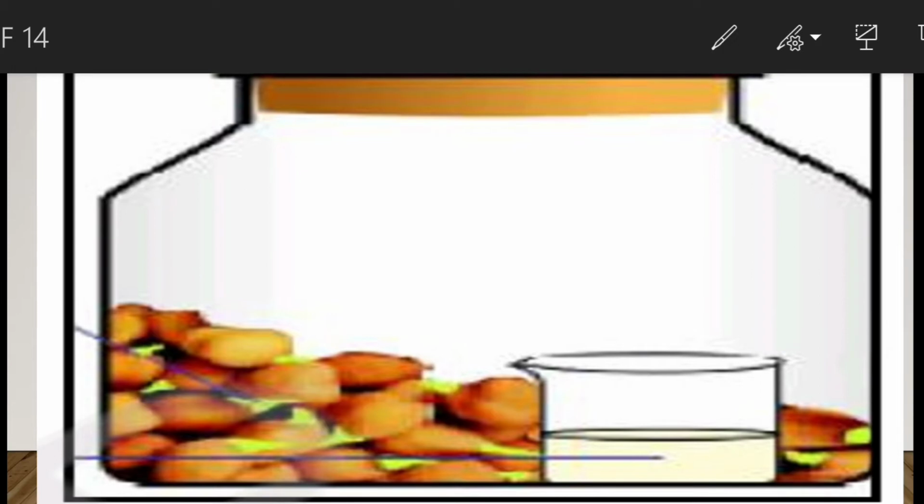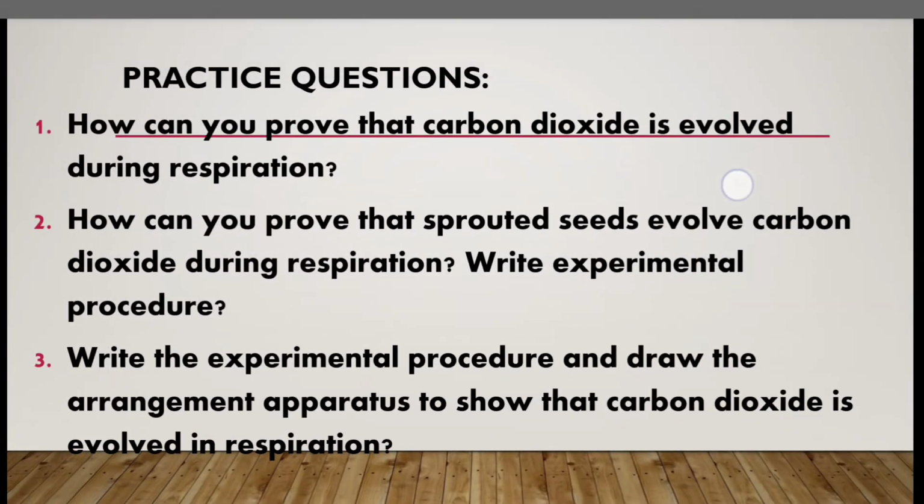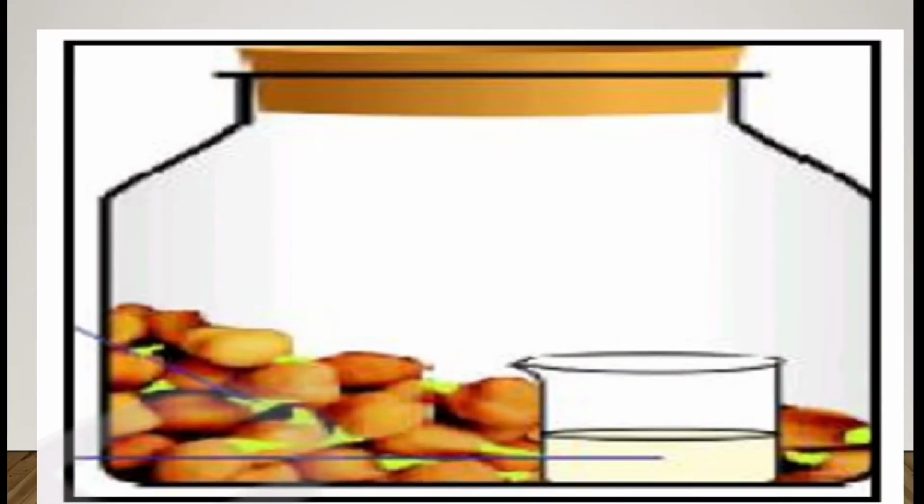or plastic bottle, and take a small beaker. It should be filled with lime water, and the cork should be closed tightly so that it prevents the entry of any gases from outside. The same set is prepared with dry seeds instead of germinating seeds.